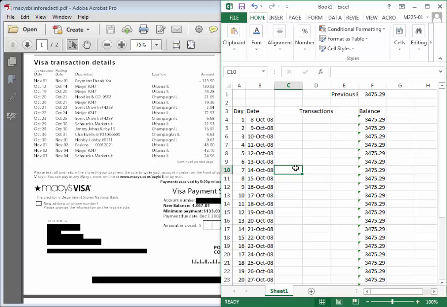So on October 14th, I have $130.03. On October 20th, I have $74.28. On October 21st, I have $21.05. And then I have $19.36. Oh, I'm writing these on the wrong days. Sorry.